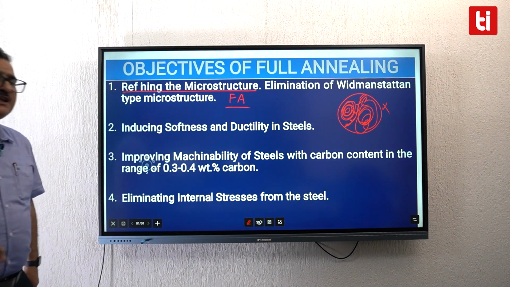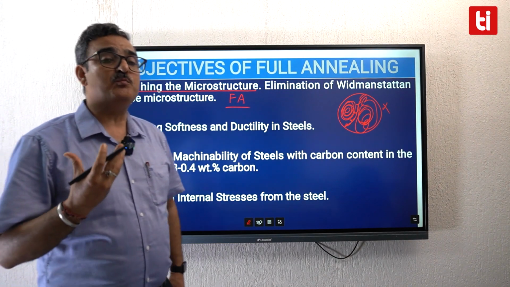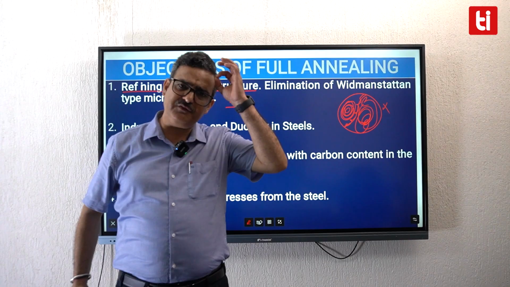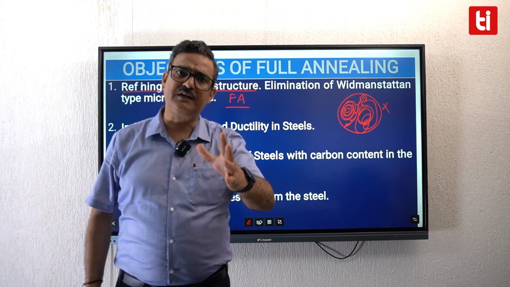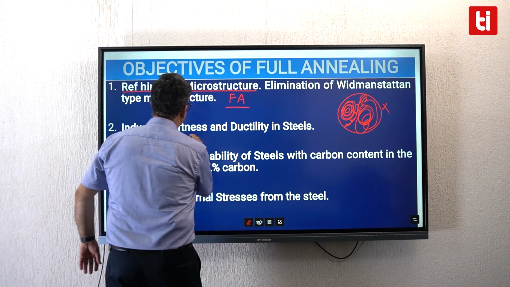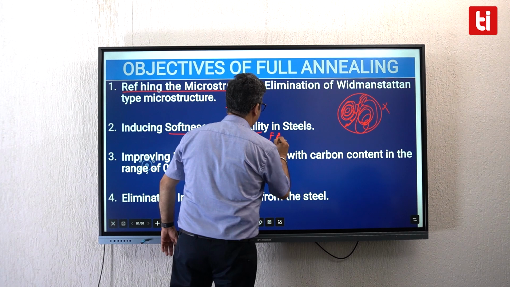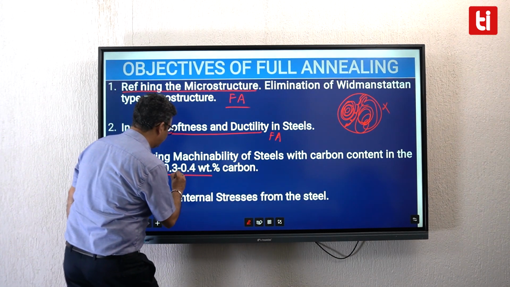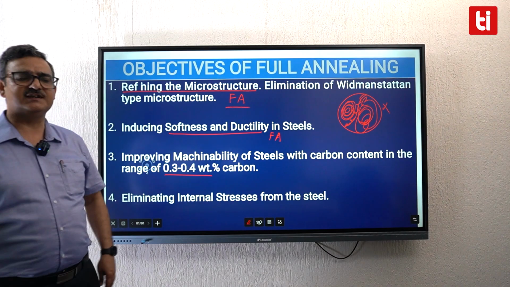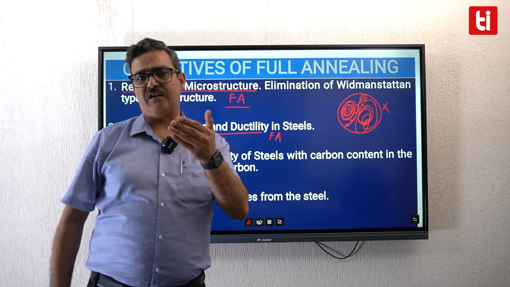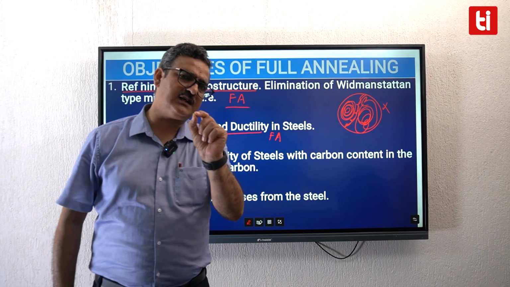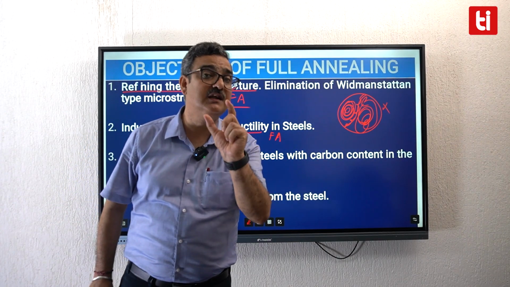Similarly, students, if the objective is to make a steel that has come for heat treatment very, very soft, very, very ductile, you will have to give it full annealing. Then students, this composition steels, 0.3 to 0.4% carbon steels, are slightly harder, कि इनकी हार्डनेस थोड़ी सी ज़्यादा है जिसकी वजह से इनकी मशीनेबिलिटी अच्छी नहीं रह जाती.